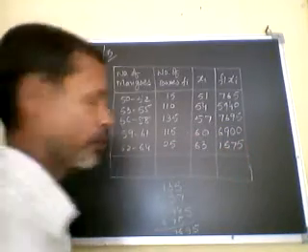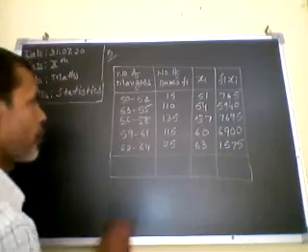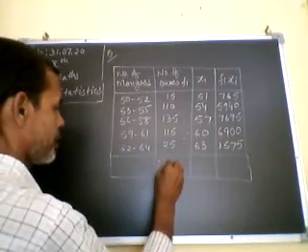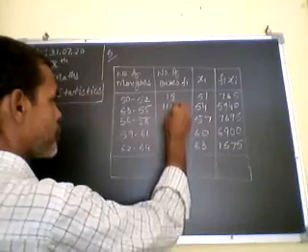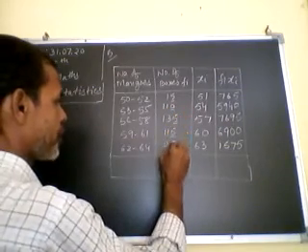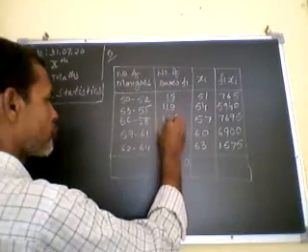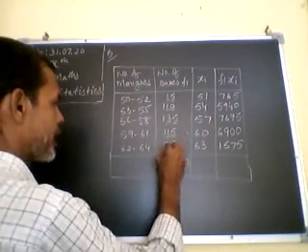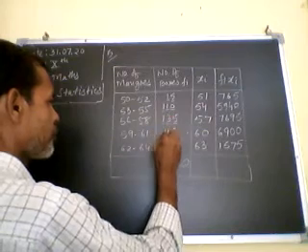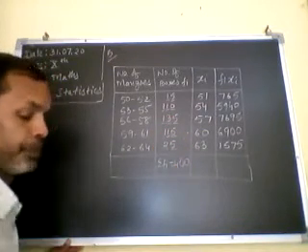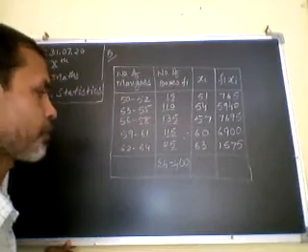Now we have to find the summation of fi: 15 plus 110 plus 135 plus 115 plus 25, that is 400. So the summation of frequency is 400.